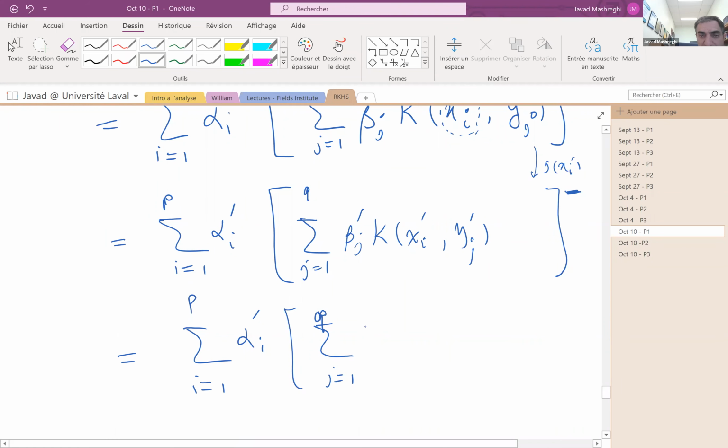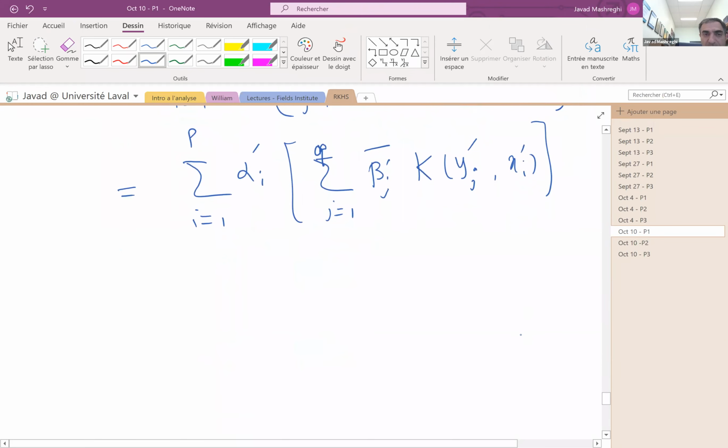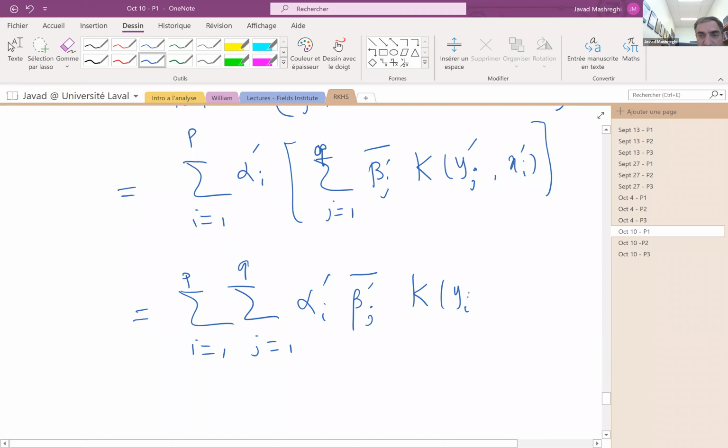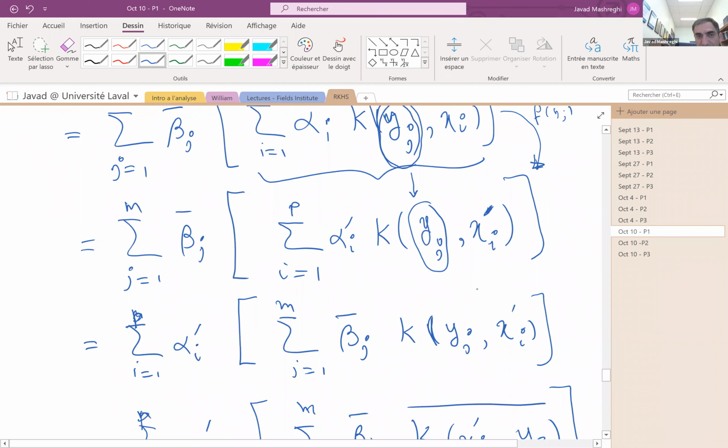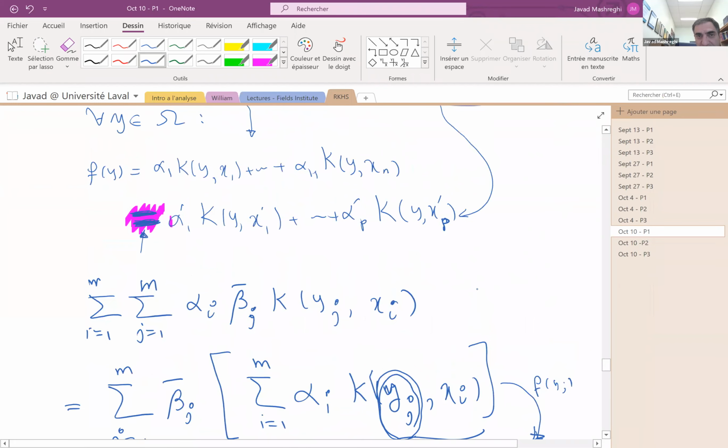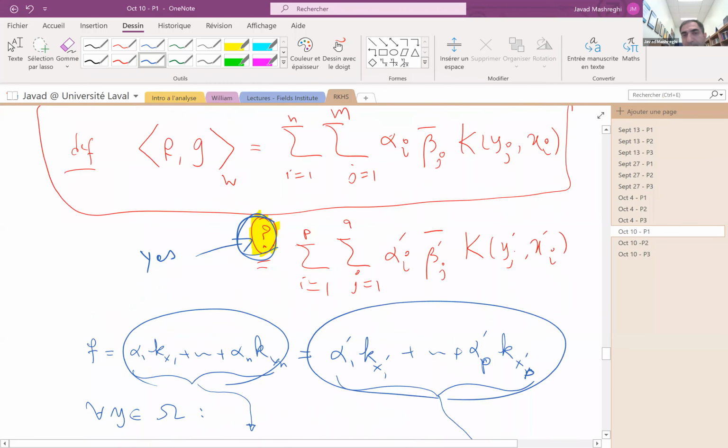This is q, beta_j' bar, and k bar, which I write as k(y_j', x_i'), and sum i from 1 to p, sum j from 1 to q, alpha_i' beta_j' bar k(y_j', x_i). This is precisely what I wanted here. If you compare the first and the last, this is precisely what I want.